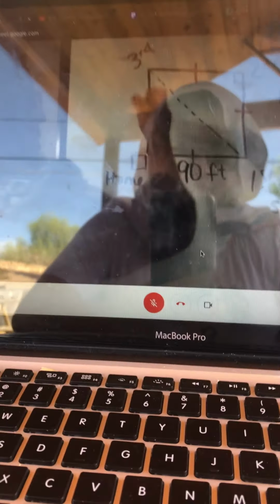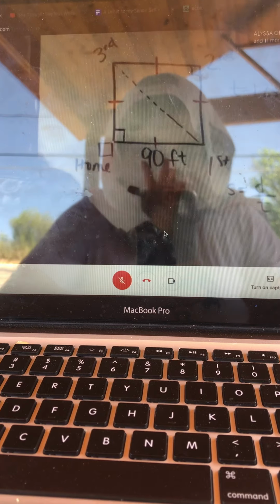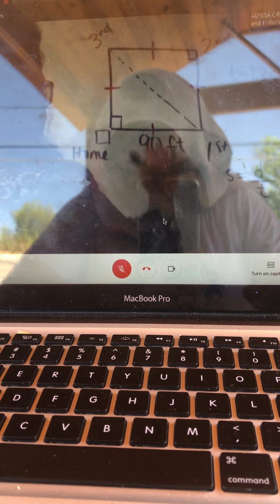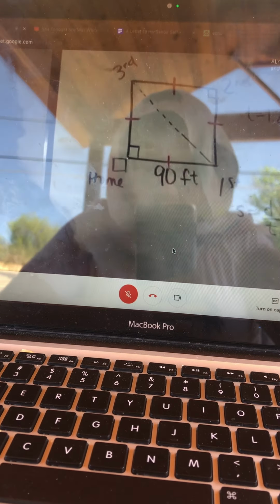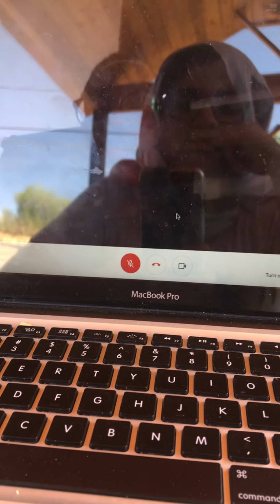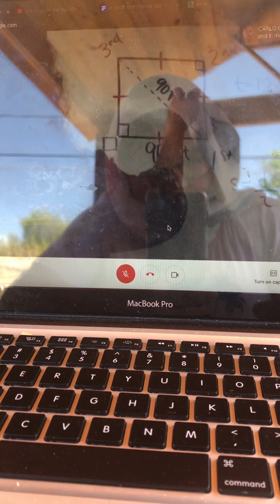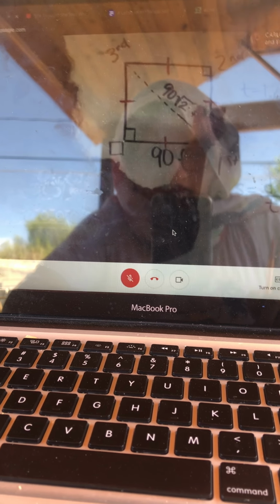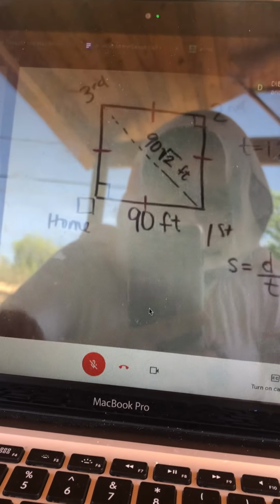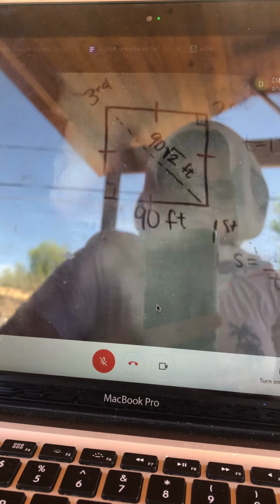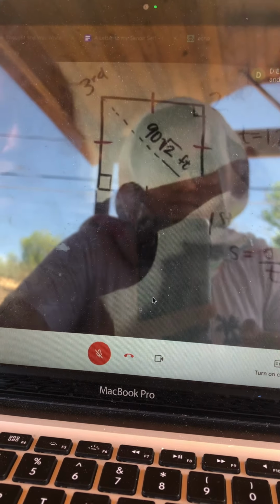And I can use a 45-45-90 triangle. If the leg is 90 feet, what do I do to it to figure out the hypotenuse? Times the square root of 2. So it's 90 square root of 2 feet. Okay? Do I now have both the distance that the ball traveled and the time it took the ball to travel that distance? Yes.